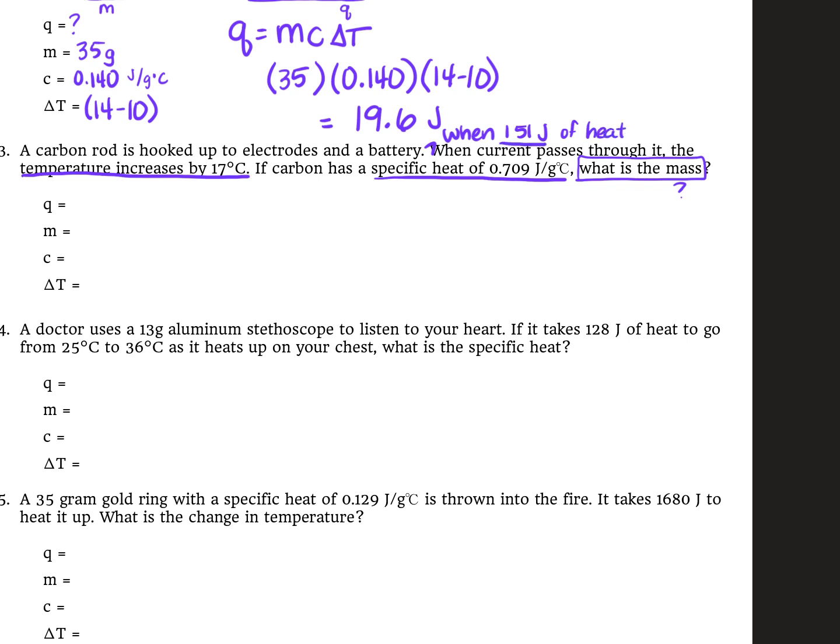This number is important. 151 J, that is Q. Then it says the temperature increases by 17 degrees C. So our delta T is 17 degrees.